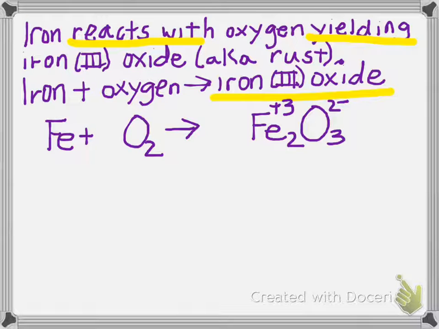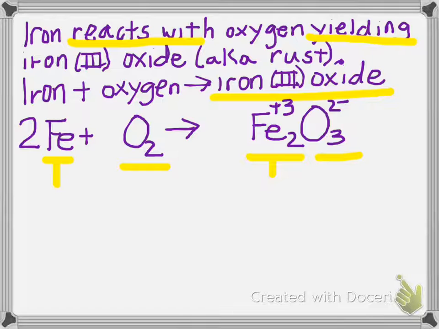Now, again, I told you, I always start just at the left. So I look at my iron and I see I have only 1 iron here, and I have 2 irons here. So to balance it, I need a coefficient of 2. Next, I look at my oxygen. I have 2 oxygens here, and I have 3 oxygens here.